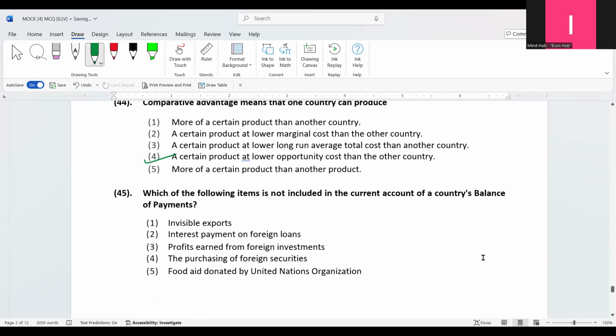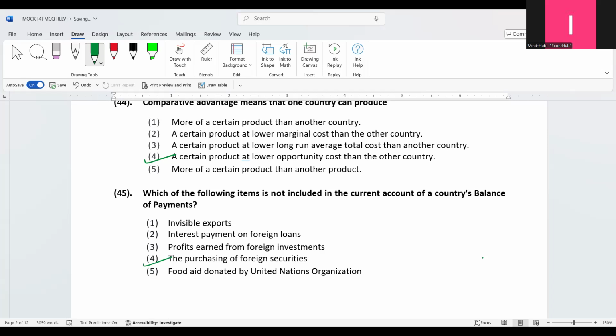45. Which of the following items is not included in the current account of a country's balance of payment? What do we not include in the current account? Yeah, option number 4.